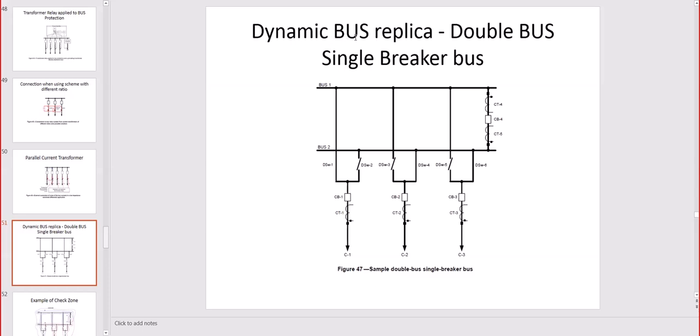Dynamic bus. Now 87 traditionally came from the bus protection, but it extended, as you already saw, the transformer protection has 87, and there are two types. Is the one that we saw for comparing the phase with the neutral to ground, and then is 87 across primary to secondary. So there are two types of 87, and they are used only for larger transformers, larger than 20 megawatts.